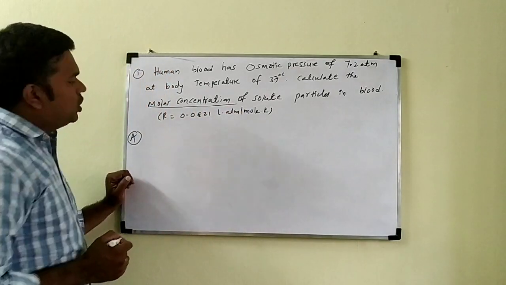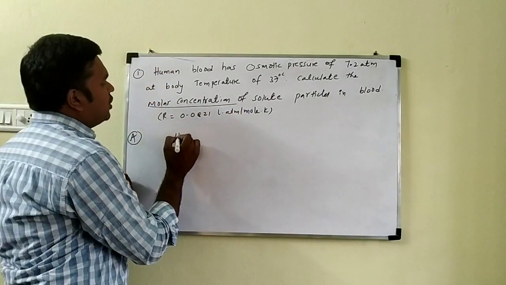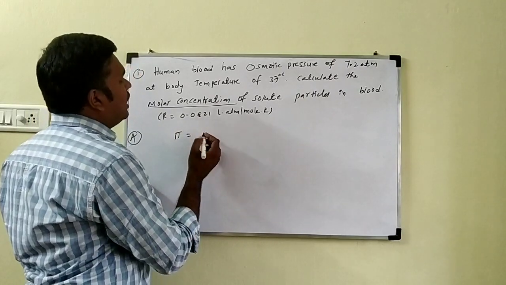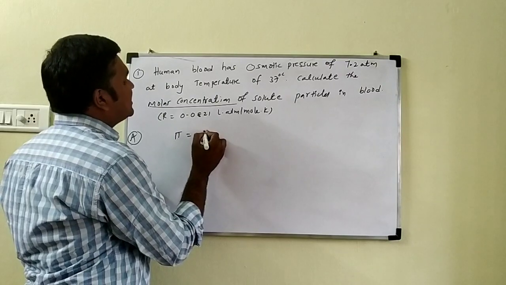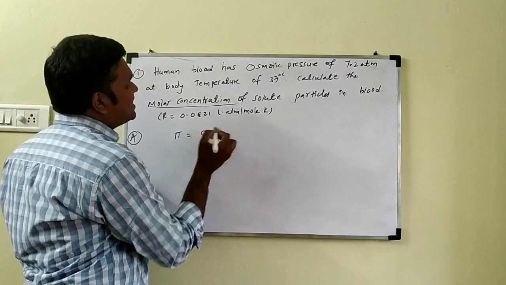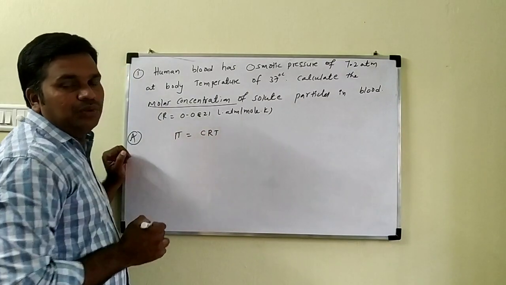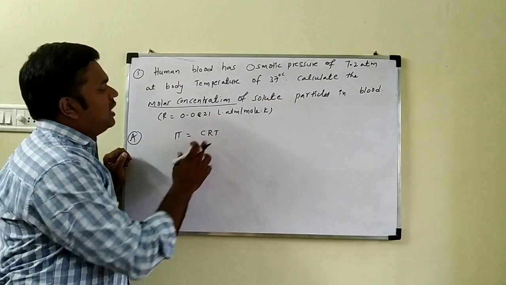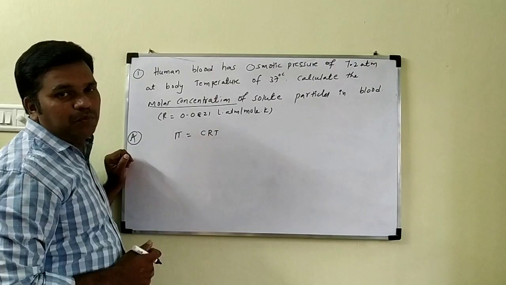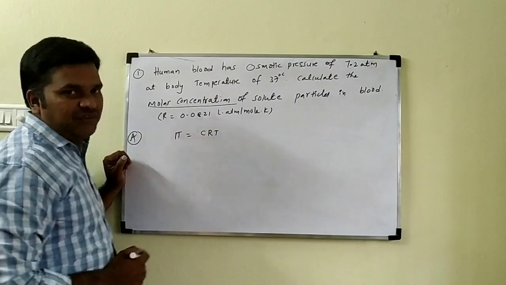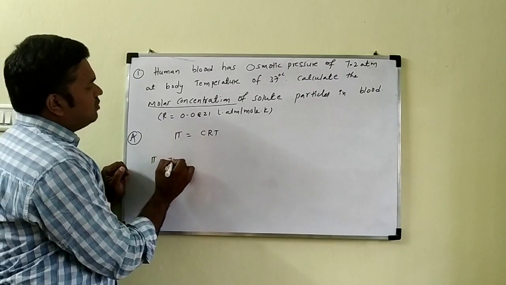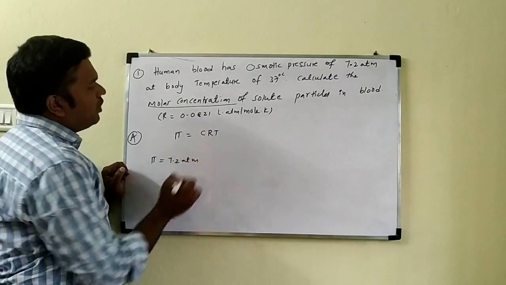We know the formula: osmotic pressure pi is equal to C into R into T, where C means molar concentration, R means gas constant, and T means temperature. The given information: human blood has an osmotic pressure of 7.2 atmosphere.